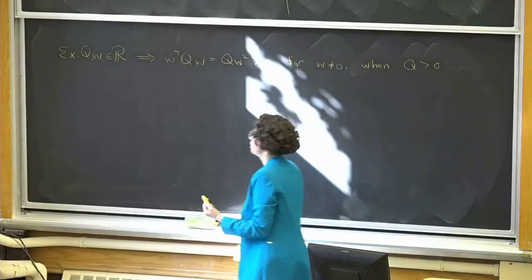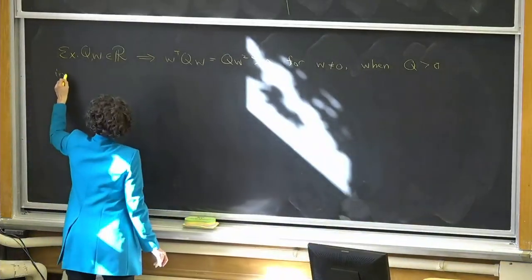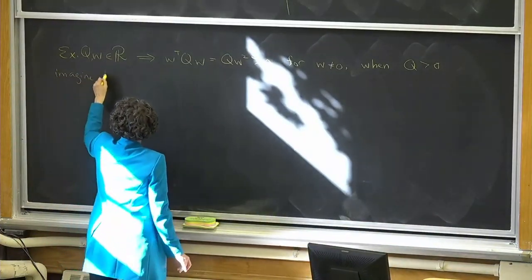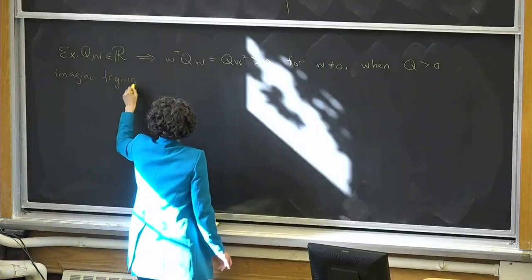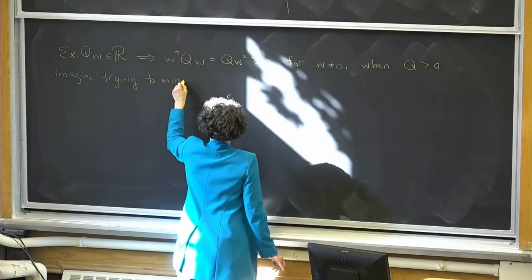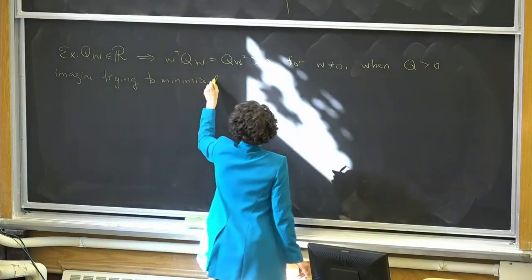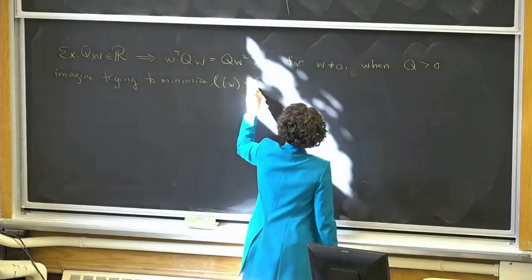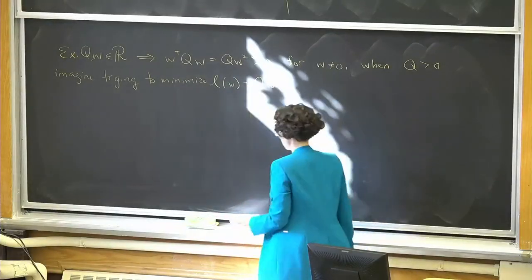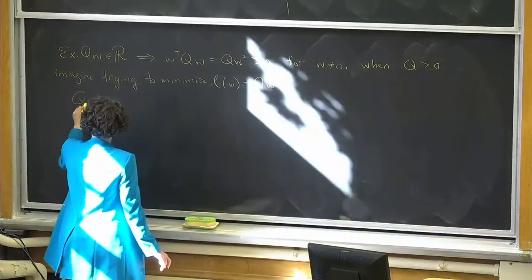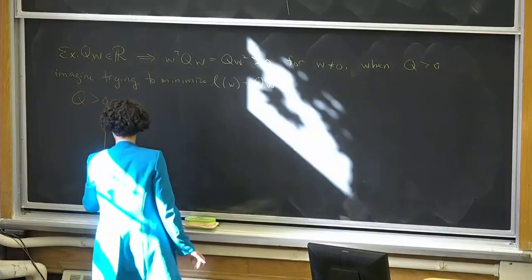But now we can see why this is relevant, because we can say, imagine trying to minimize a loss L of W equaling QW squared. And so we can consider the case where Q is a positive number.